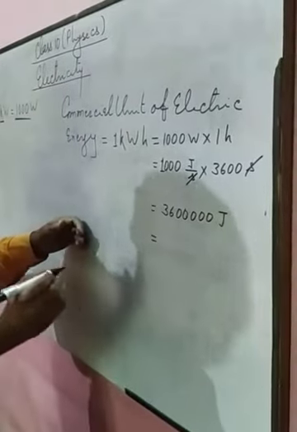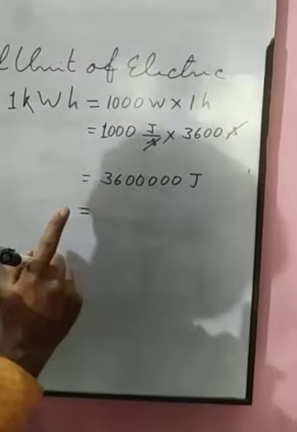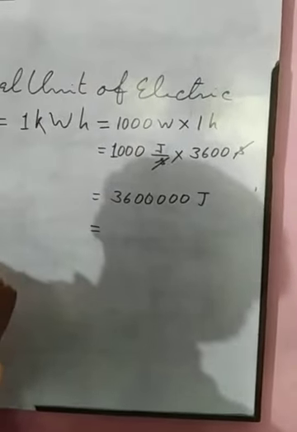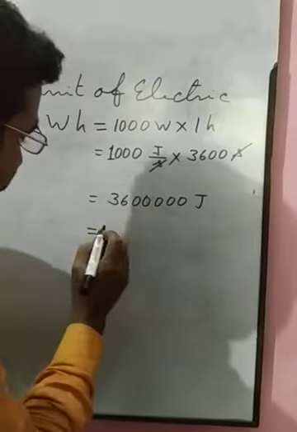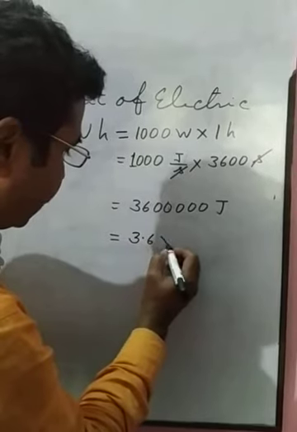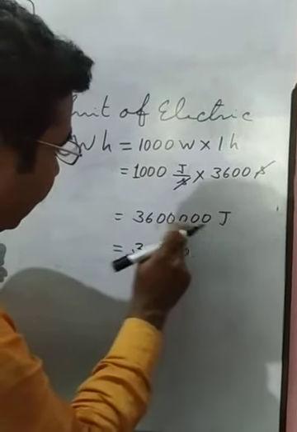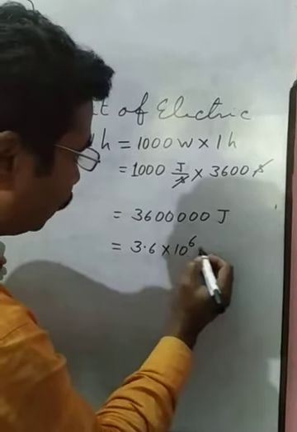In scientific notation, we know that only one digit should be on the left hand side of the decimal point, so it will be written like this: 3.6 into 10 to the power 6 joule.